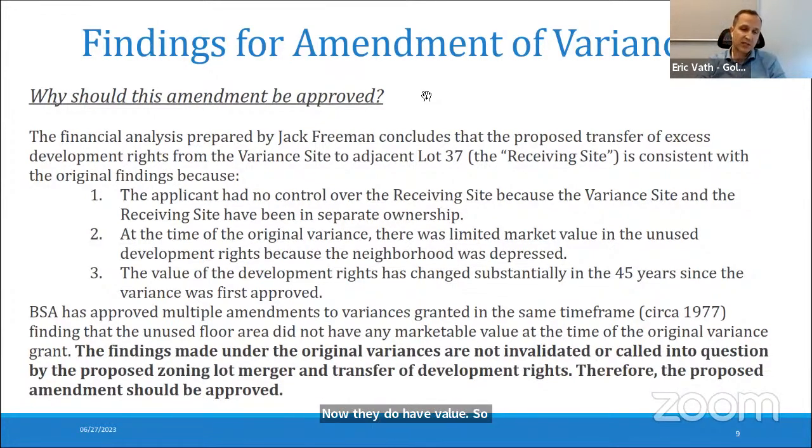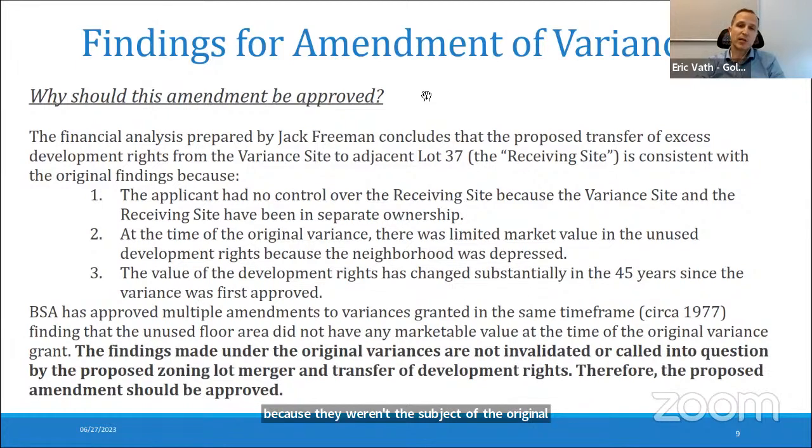So if BSA looks at all these prongs, and indeed there have been a bunch of cases from the 1970s around the same time, BSA has held that there was no marketable value of the development rights at the time, and therefore the transfer should be permitted today because they weren't the subject of the original variance.